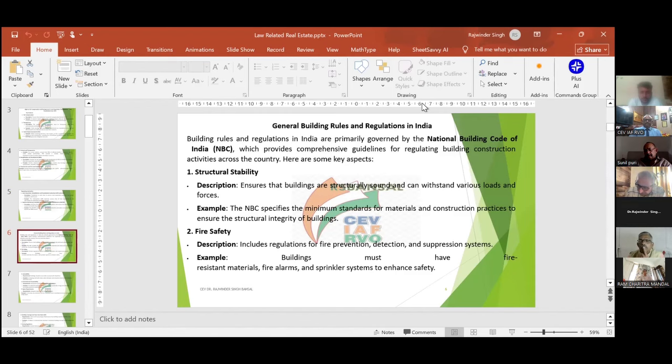Next, we will discuss the general building rules and regulations in India. For that, you can refer to the building bylaws of your state, or for better understanding, you may refer to the National Building Code 2016 or the Model Building Bylaws 2016. So all the state bylaws are based upon the National Building Code 2000.